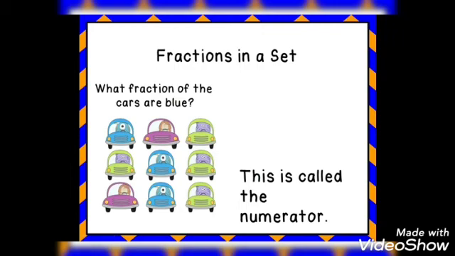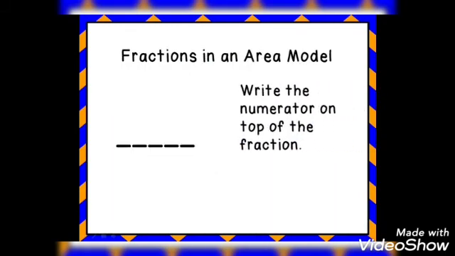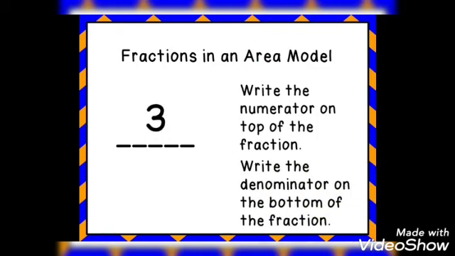When we find the number of blue cars, that will be the numerator of the fraction. So clearly we can see 3 cars are blue. So the fraction that we get is 3 out of 9 cars are blue. So this is how we find the fractions of a set.